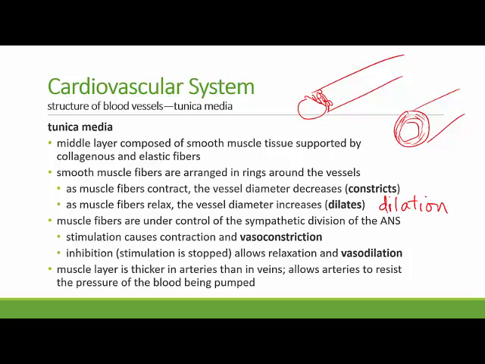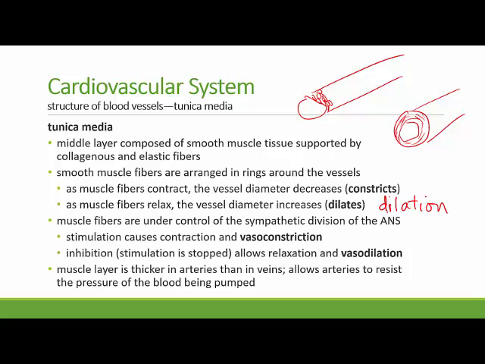We see that these muscle fibers are under control of the sympathetic division of the autonomic nervous system. When we stimulate these neurons, it causes contraction and vasoconstriction, and they're always a little bit stimulated. When we inhibit these neurons, then that inhibition allows relaxation and vasodilation. So vasoconstriction and vasodilation are under control of the sympathetic division of the autonomic nervous system.